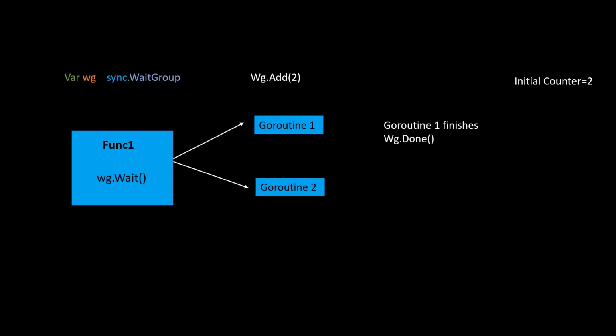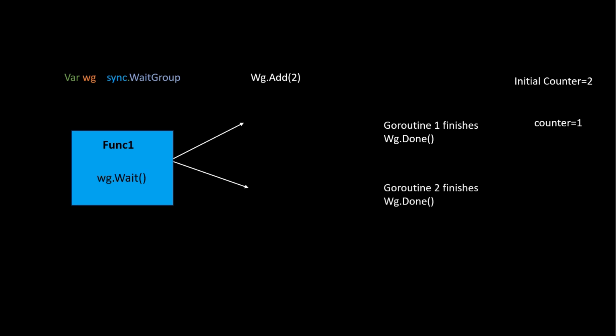So we call waitgroup.Done and this will decrease the counter to 1. Finally, let's say goroutine 2 finishes and we call waitgroup.Done again and this will decrease the counter to 0. As the wait group counter is 0, now our function 1 can continue its execution.